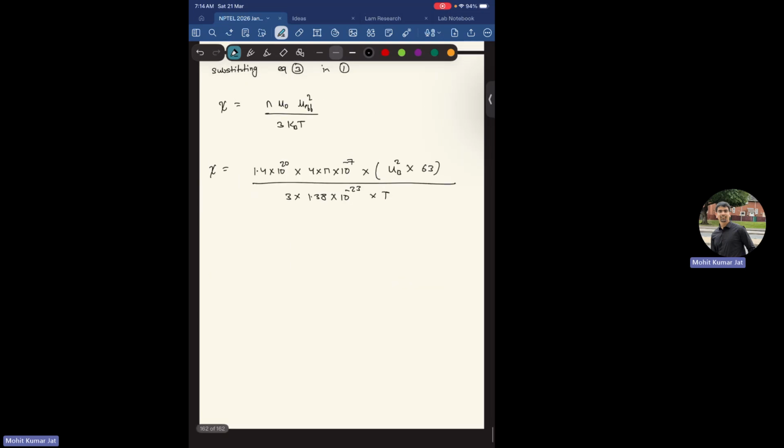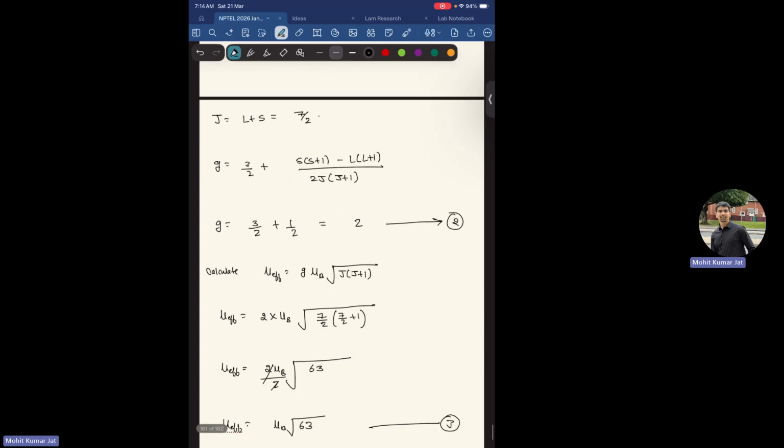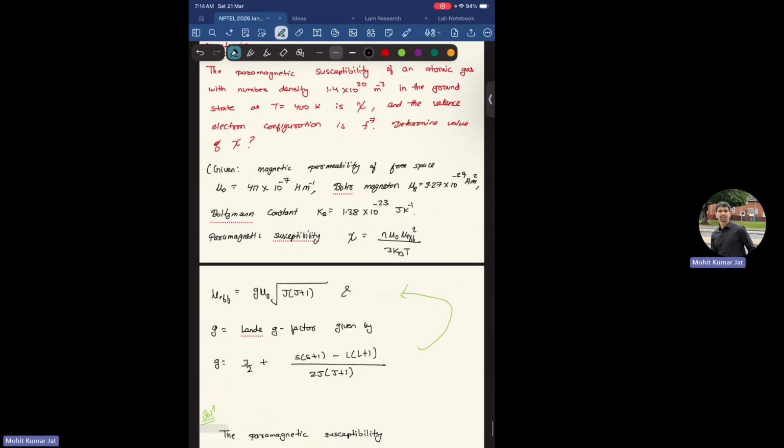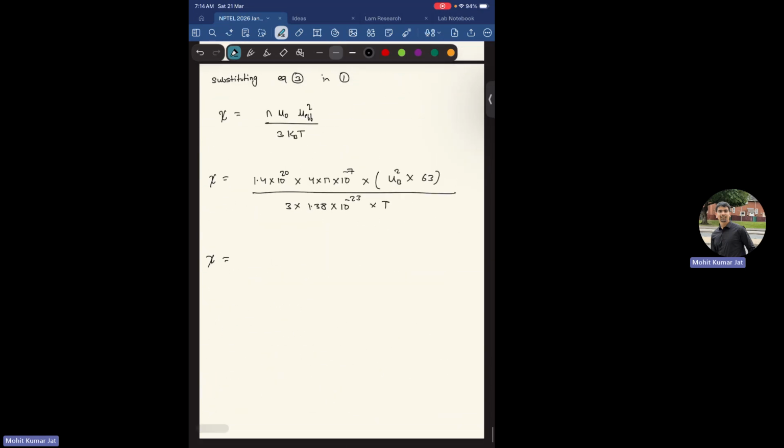kB is 1.38 into 10 power minus 23. Temperature I'll substitute, and I'll substitute the value of mu B square also. Mu B is nothing but 9.27 into 10 power minus 24.